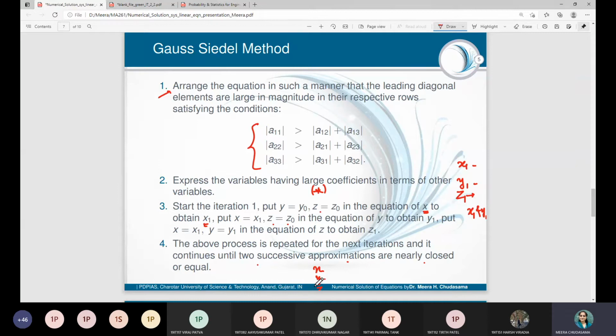Am I correct? Yes, ma'am. Yes. At the time of the iteration, when you start the iteration number, whether it is 3, 4 or whatever, in that case you have to evaluate each of the variable values. Is it clear? Yes. So shall we start with the example now?